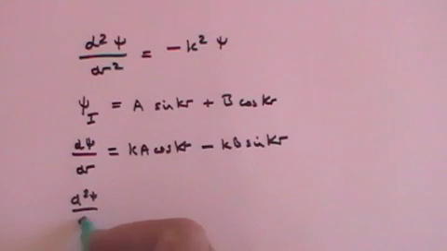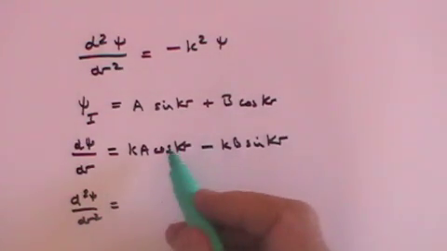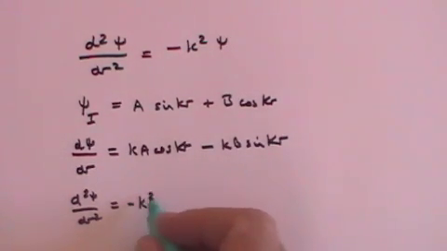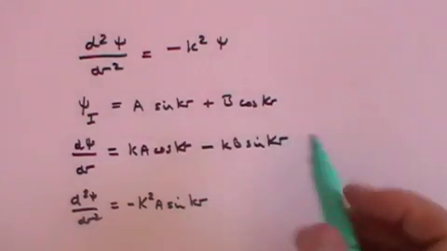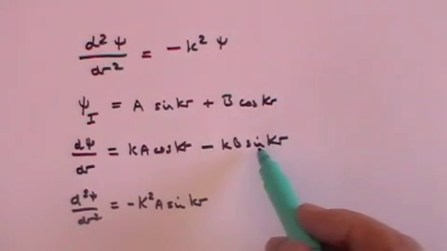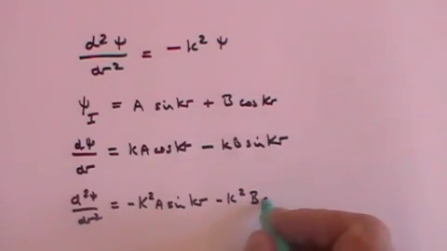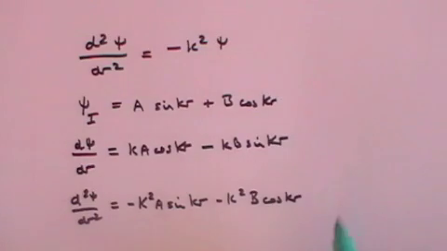d2 psi by dr squared is equal to, you bring k again, but it's cosine to sine, so it's become minus k squared a sine kr. Then the sine to the cosine will just go, so it's going to be minus k squared b cosine kr.